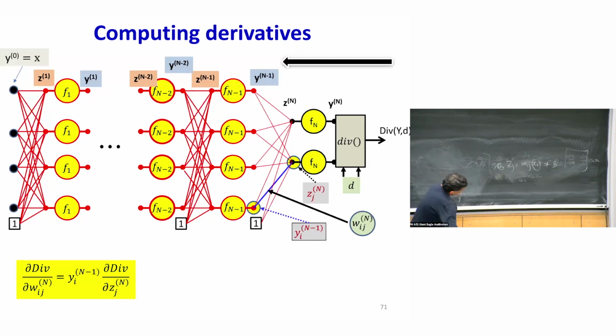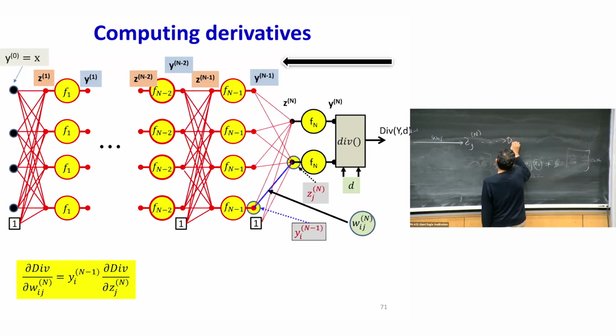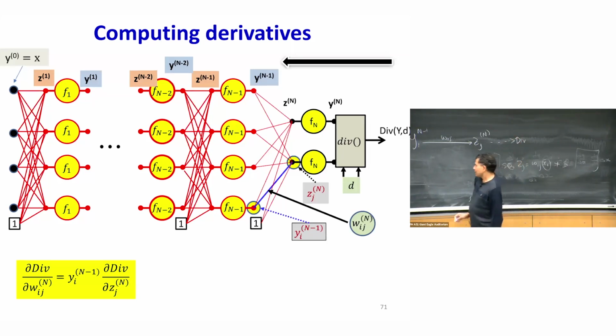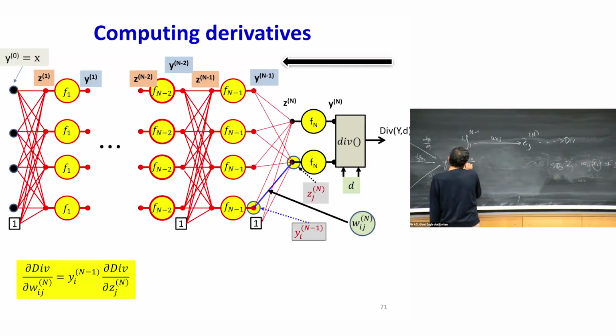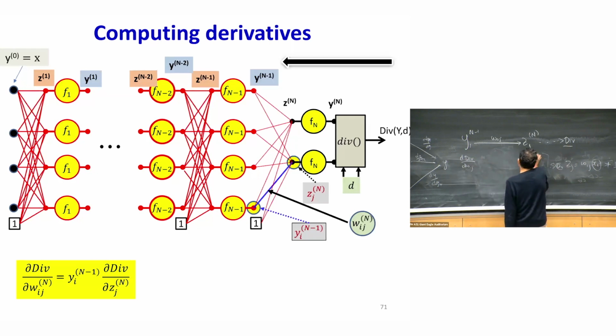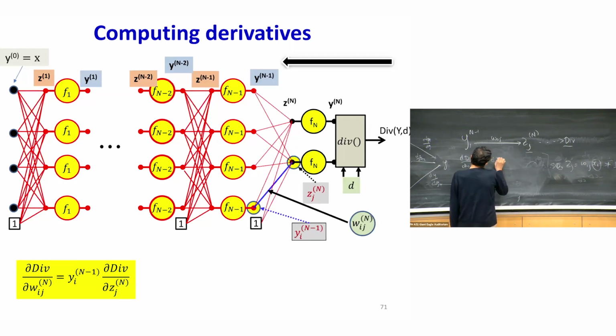So if I have yi n minus 1, and this has a weight wij, from this I compute zjn, and zj eventually is used to compute the divergence. Then the derivative of the divergence with respect to wij is simply going to be the derivative of the divergence with respect to zj times what?